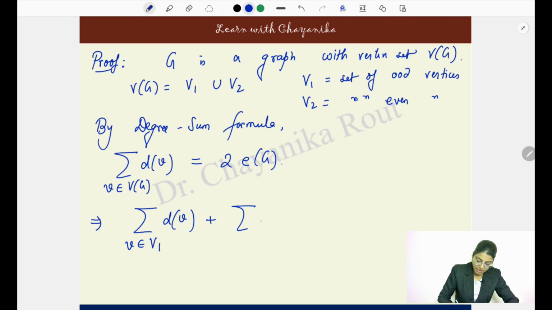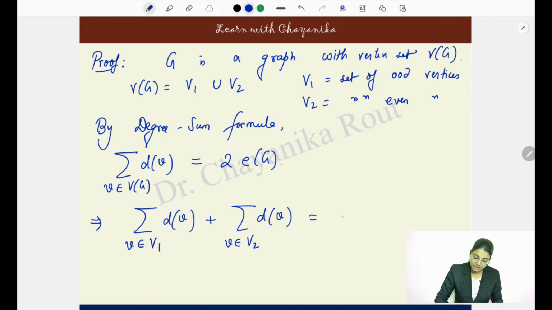And the second part is taking the summation of the degrees of all the vertices which belong to V2. So basically the sum of the degrees of all the vertices in the graph has been taken separately as the sum of the degrees of the odd vertices and the sum of the degrees of the even vertices. That is equal to twice the number of edges again.